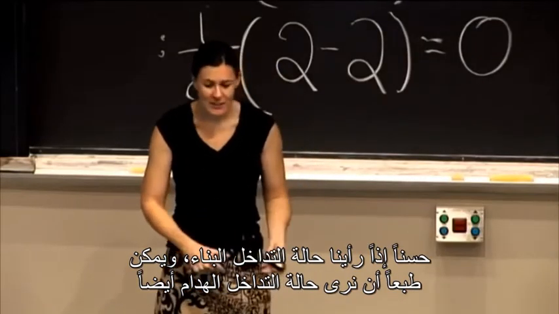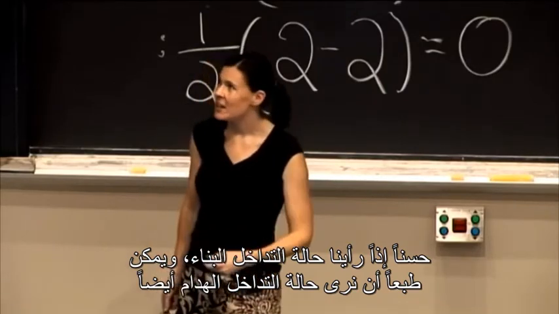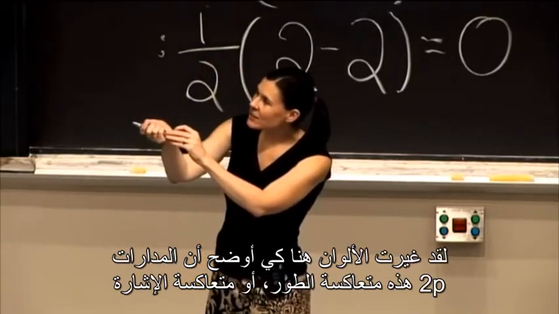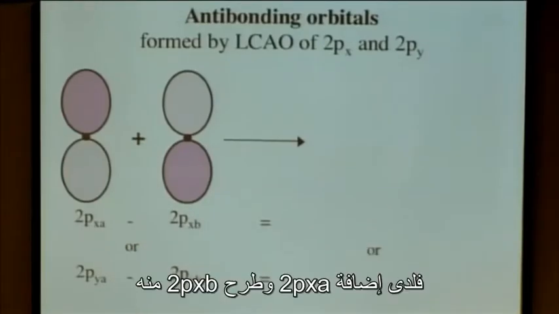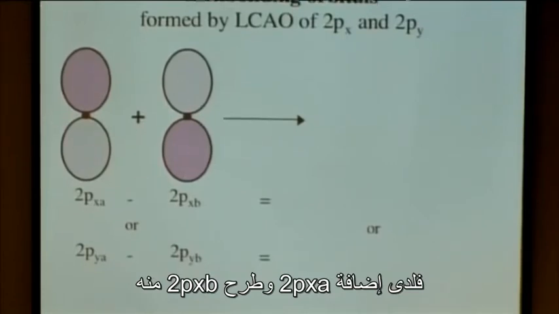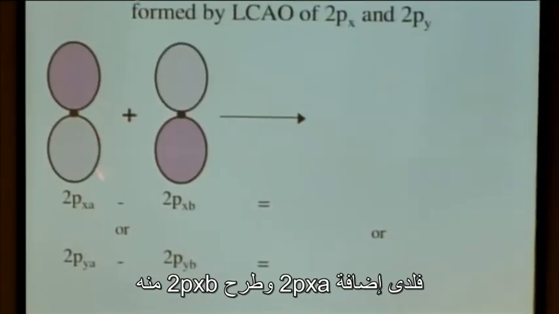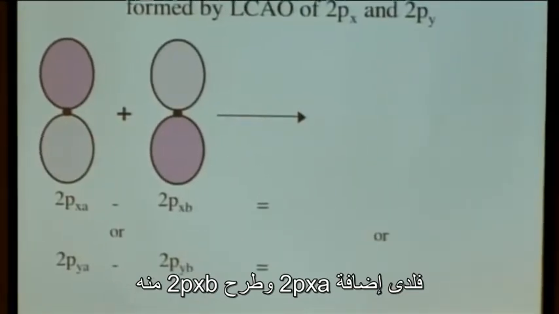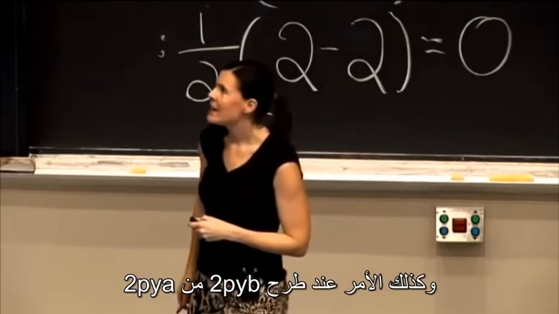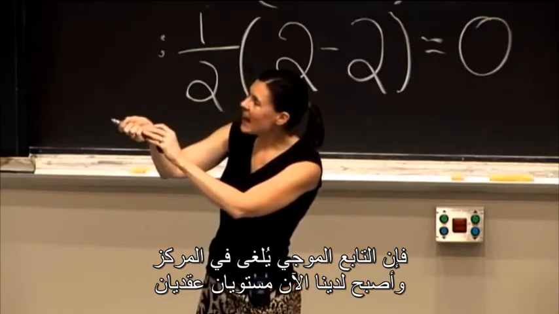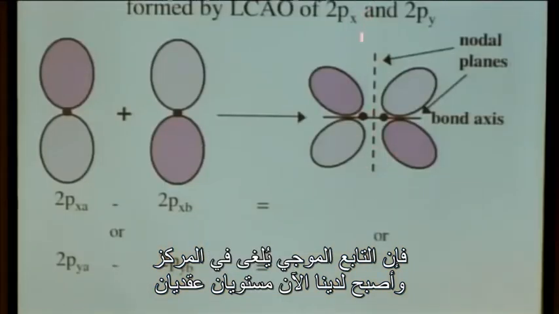Of course, we can also see destructive interference. So I changed the colors here to show that these are two p orbitals with an opposite phase or an opposite sign. So what happens when we add a 2pxa and we subtract from it a 2pxb, or the same with a 2pya, subtracting a 2pyb, is that we're actually going to cancel out the wave function in the center. So we now have two nodal planes.